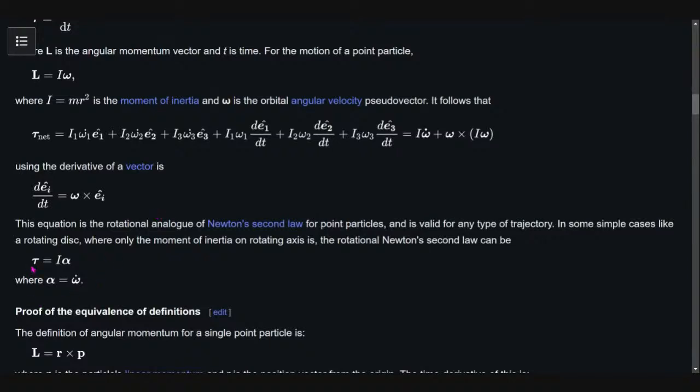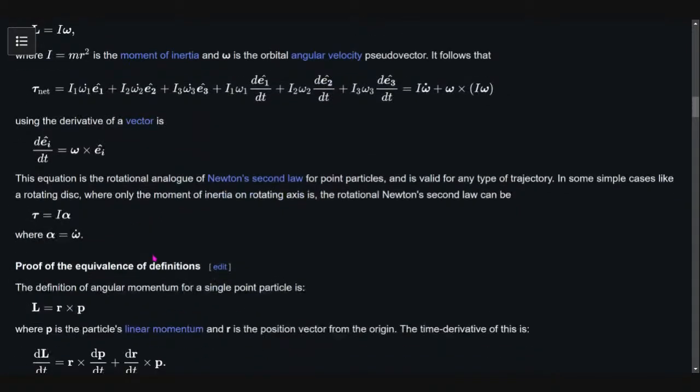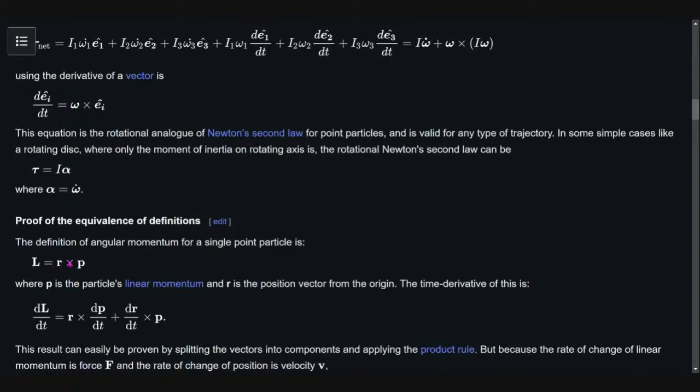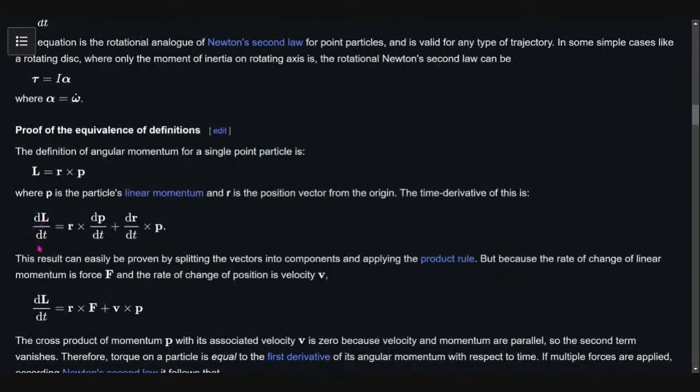So torque is I alpha, where alpha is omega dot. L is R cross P, so dL/dt is R cross dP/dt plus dR/dt cross P, but dR/dt is 0 in our case. dP/dt, yeah.